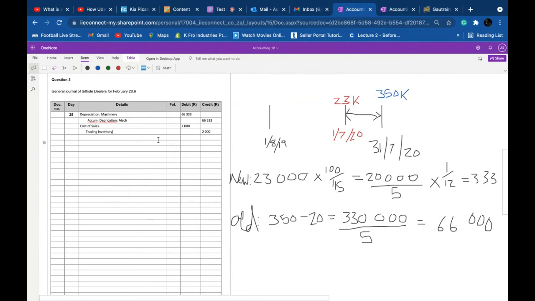But now remember we have packaging material where we have on hand 700 Rand. Okay. So in that case, what are we supposed to do over there? Okay. Remember, there it's consumable stores on hand. Okay.